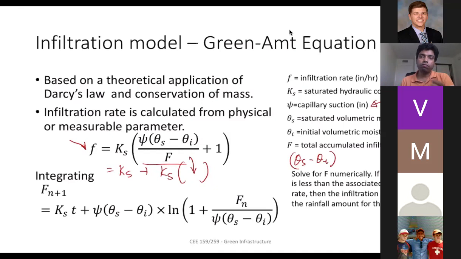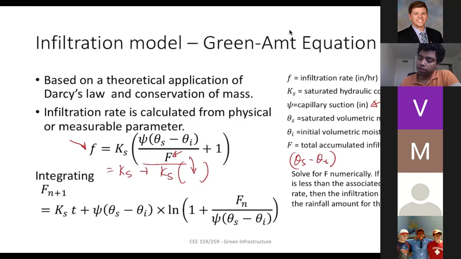This is a function of the particle size, the pressure by which you can pull that water inside the soil. So these are all related to physical quantities that we can relate to. And F is the amount of rainwater already filled into the pores. That means that capacity has already been reached, so those pores will not be able to participate in receiving more rainwater.